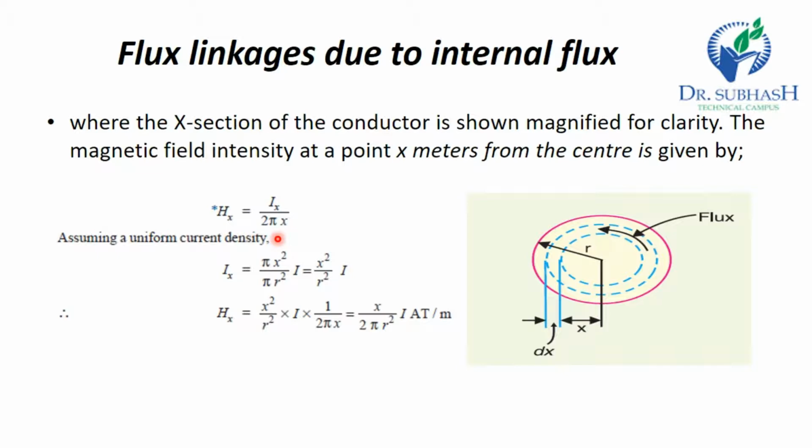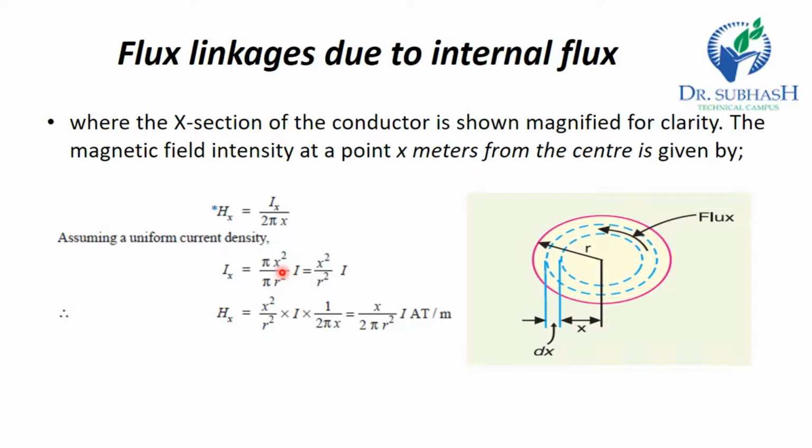Now assuming a uniform current density in the whole conductor, at any point of the conductor the current density is the same. So for current Ix and current I, we have an equation: Ix over the area of the section part equals I over the area of the whole conductor.